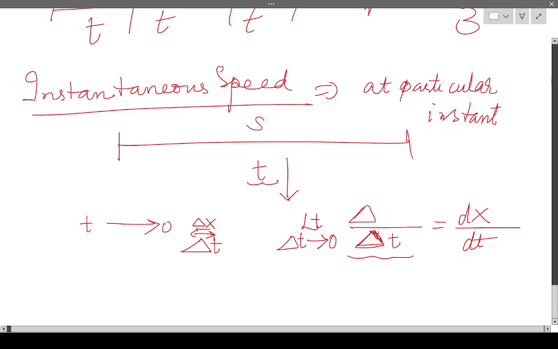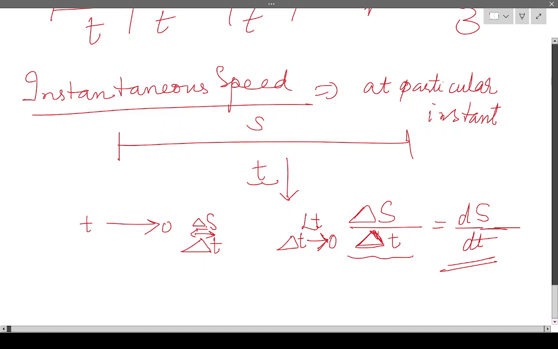So d by dt of s is the limit as delta t tends to 0 of delta s by delta t.